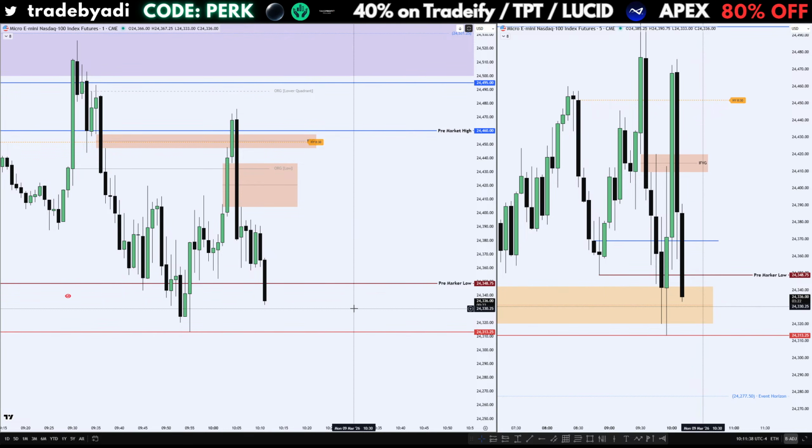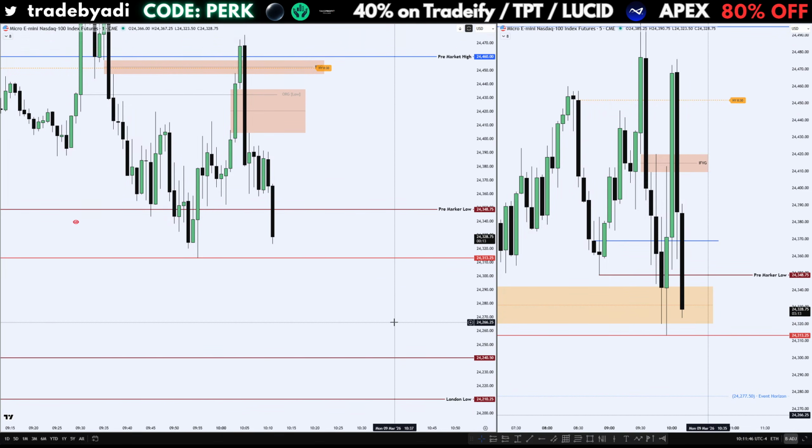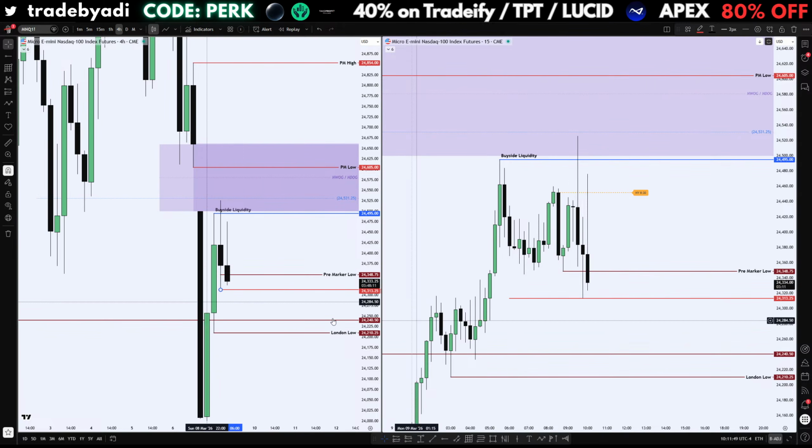So we finally did this market structure shift again, and we are tapping into the 4-hour FVG, the 24,313, this fair value gap.